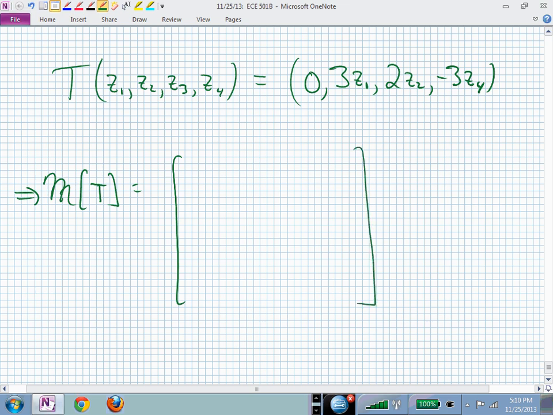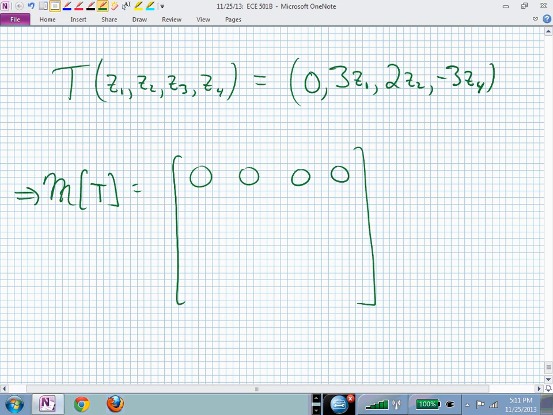Can you tell me what the top row looks like? I'm taking this matrix and, let's say, post-multiplying by a vector z1, z2, z3, z4 and producing 0. That's what that linear map is telling me. So I better hit every one of those coordinates, z1, z2, z3, with a scaling factor of 0.